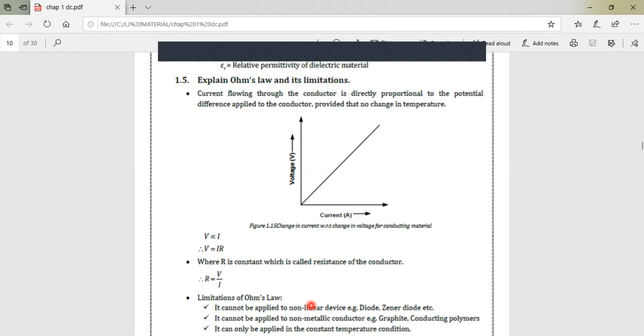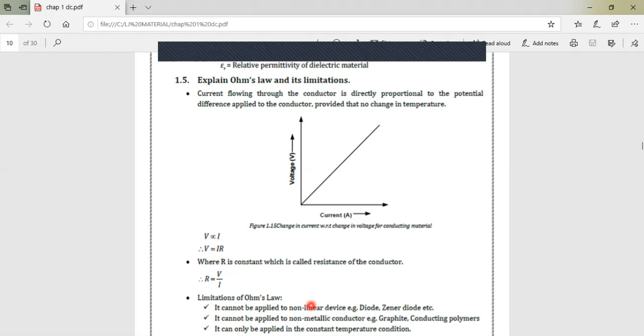Again, I am revising some important definitions which you have to keep in mind for the next lectures. What is current? The flow of free electrons is known as current, and its unit is ampere. What is potential? Potential is work done per charge. Next is resistance, the property of a material to oppose the flow of current.